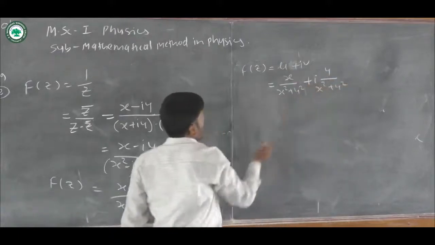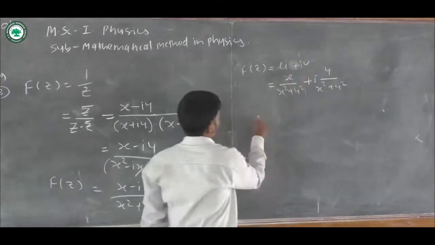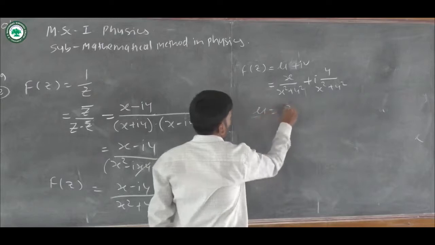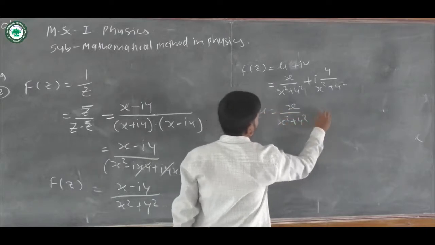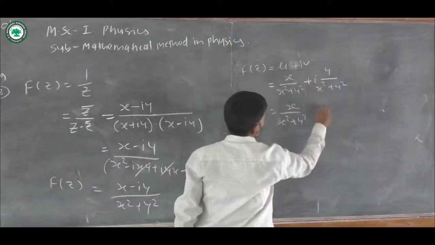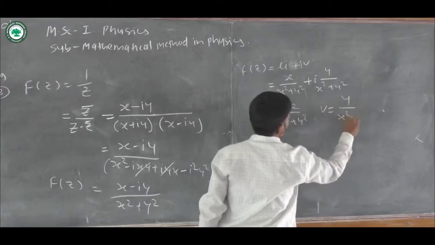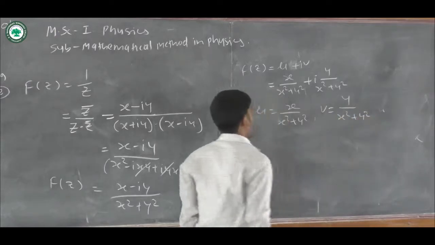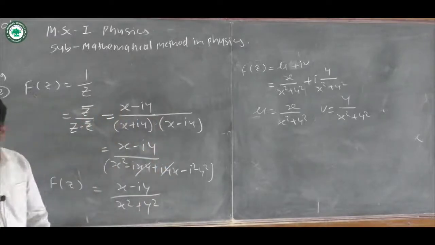Okay, so this is in terms of u plus iota v. So u is x by x square plus y square, and v is y by x square plus y square. Okay, this u and v are the variables in the w plane, that we already discussed.